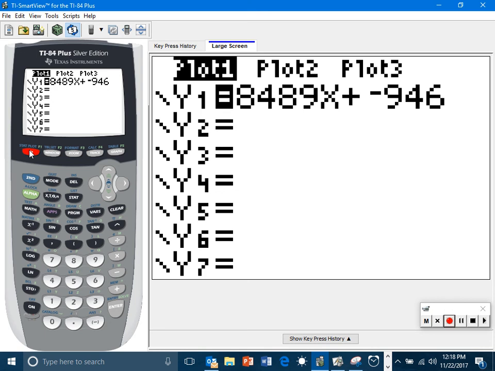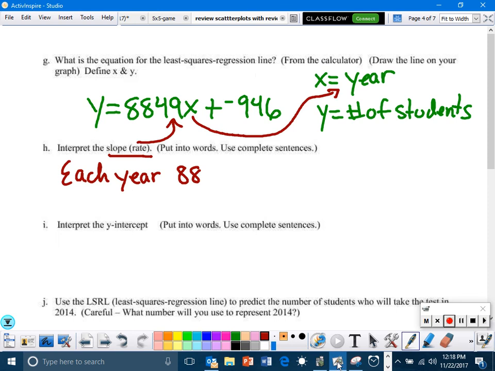Okay, I wrote it wrong. Whoops. Made a mistake. Maybe you caught it already. Okay, hold on. It's 8,489. My apologies. Okay, go back and fix that slope if you wrote what I wrote. Okay, it's supposed to be 8,489. So let me fix that.